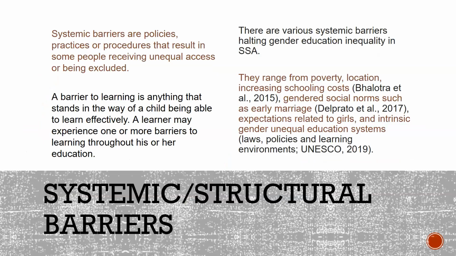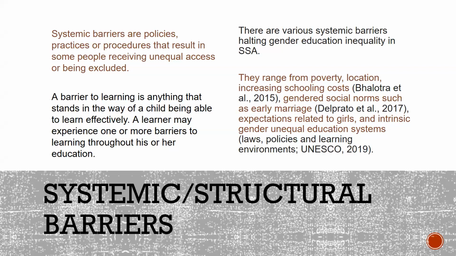Before we go into our activities, so that we can feel equipped to tackle them, I thought we should put together a few definitions which can help us. For example, systemic barriers are policies, practices, or procedures that result in some people receiving unequal access or being excluded, in this specific case, from educational opportunities.